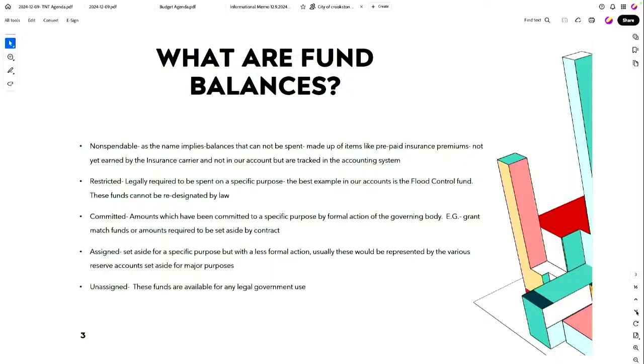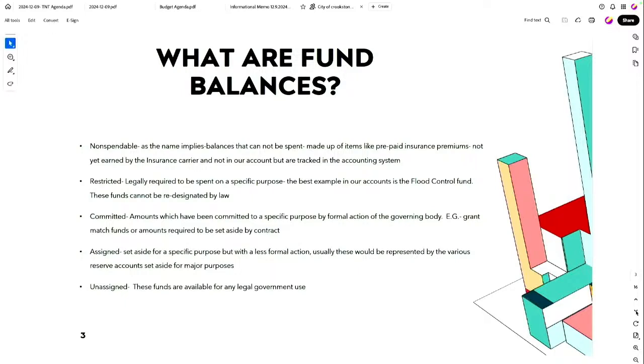It's set aside for a specific purpose, just like the previous items, but with less formal action. Usually these would be represented by the various reserve accounts that we have in our budget. It takes a little bit less action to reassign these. As an example, if the Parks and Rec Department has $100,000 for a roof and $50,000 for a pump in a reserve account, and we realize that we need to repair the roof, and it comes to $125,000, we don't have enough money.